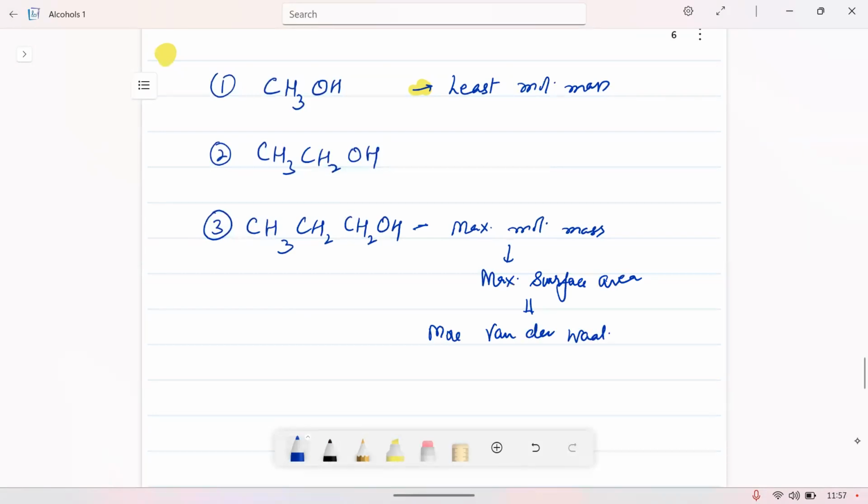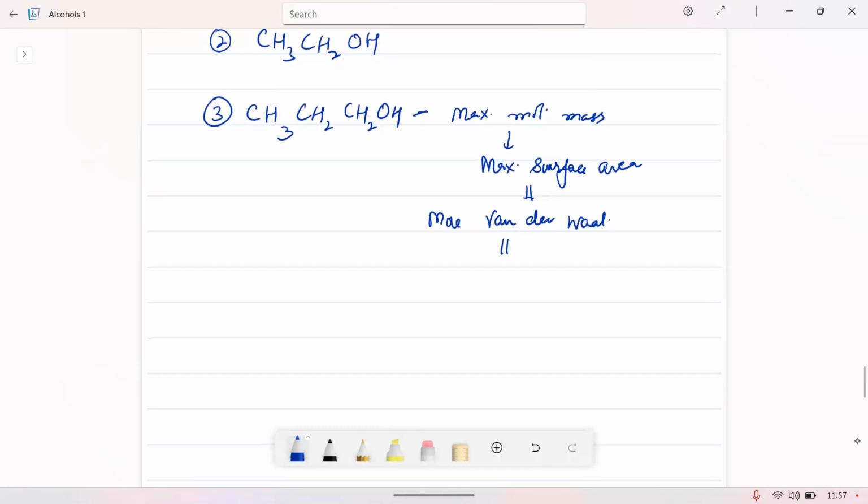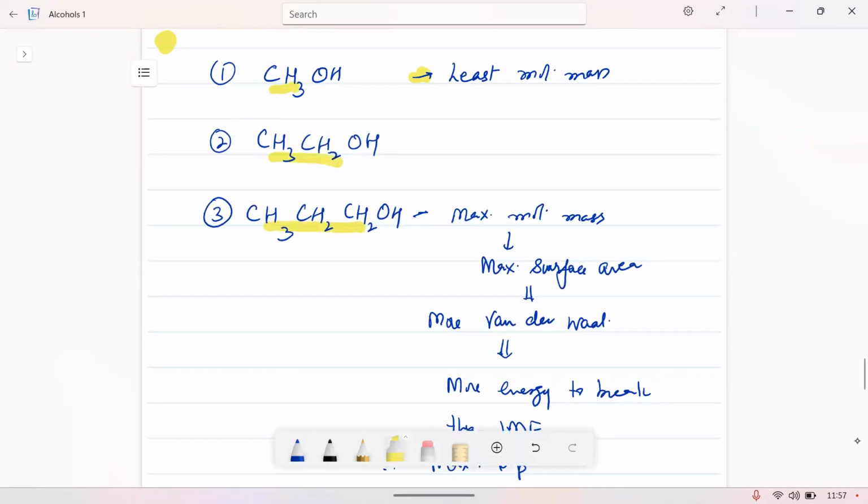And if there are more London forces or van der Waals forces, then you will need more energy to break the interactions, the intermolecular forces, and as a result, therefore, maximum boiling point. So this has a larger surface area because it has more molecular mass compared to this, and this has the least molecular mass. They will have the hydrogen bond, all those things are there, but because of the surface area, the intermolecular force, which is the van der Waals force, will be maximum in this case.